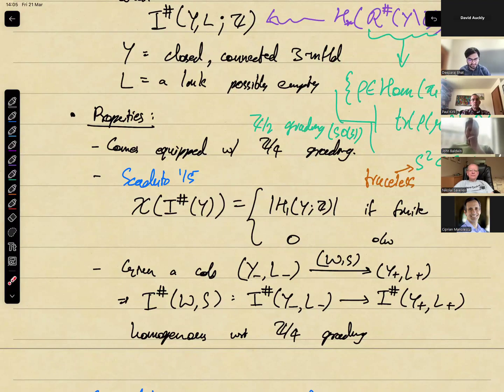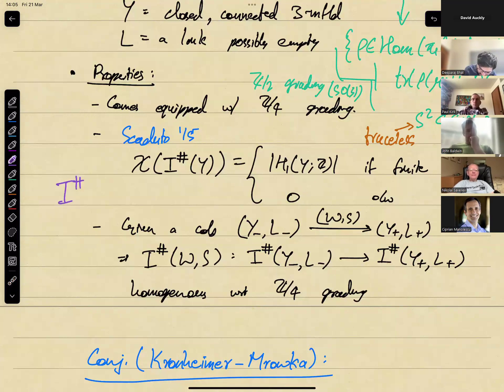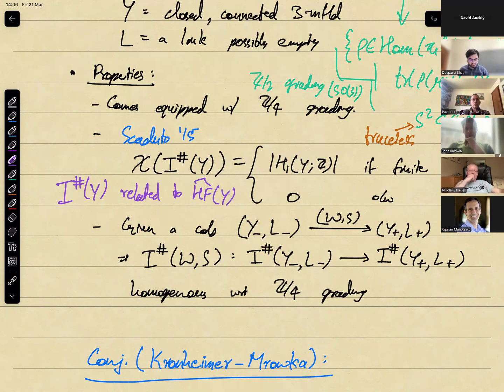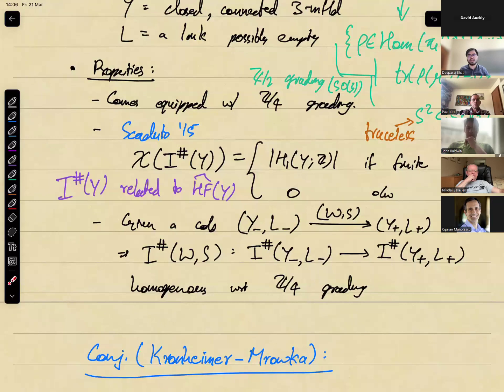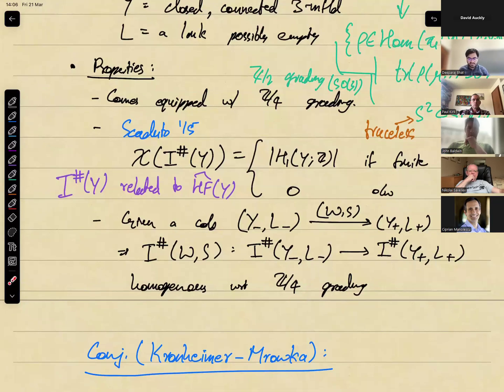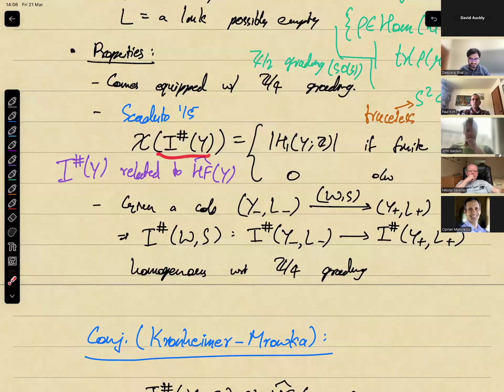So you're supposed to think of it as related to HF hat of your three-manifold coming from Heegaard Floer theory, or I guess HM tilde coming from monopole Floer theory, but there's no version of I minus, or at least not a completely functorial version. So we'll only be sticking with this, and comparing it to HF hat when convenient.